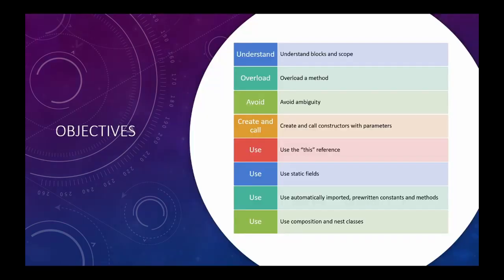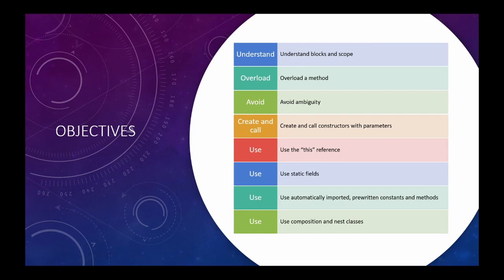We're going to go into those terms block and scope again, and we're going to go into a little bit more detail. We're going to introduce a new idea called overloading, and we're going to talk about overloading methods and classes. We're going to learn how to avoid unnecessary ambiguity, how to create and call constructors that have parameters, and how to use a reference called this.